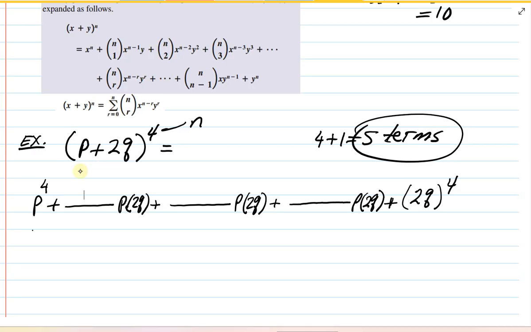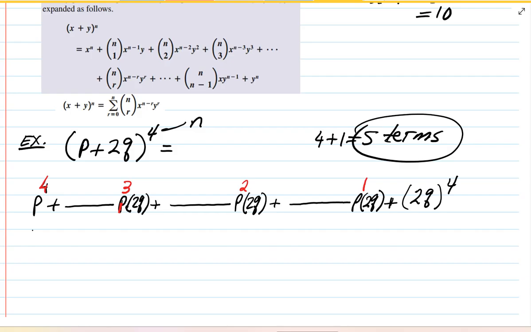All right. Now, what about the exponents? The exponents on p. Remember, we started with 4. What would it be on the next one? 3, right? 1 less. The one after that, what will be the exponent on p? 2. The one after that, 1. Each time you decrease by 1, down to nothing.